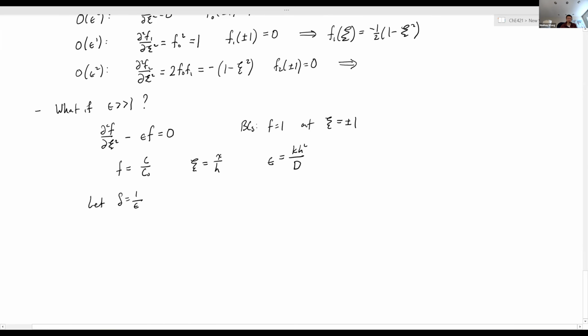If epsilon is much, much greater than 1, that implies that delta is much, much less than 1. Makes a lot of sense. So maybe we can try the perturbation again.